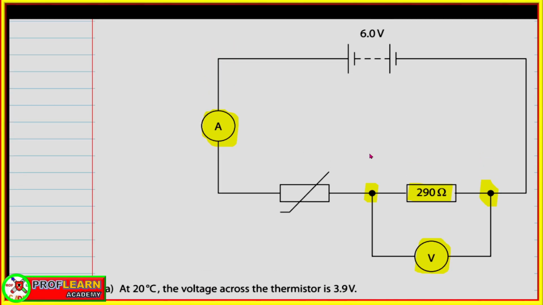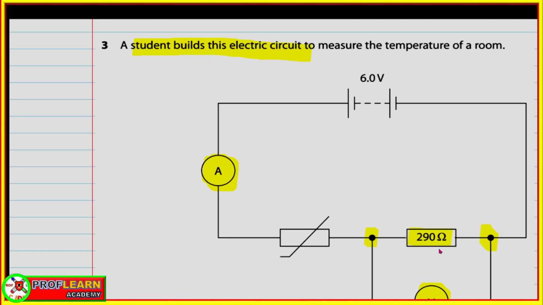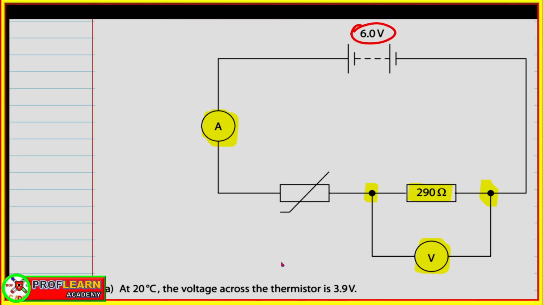So we understand that these two components here are in series, which means that the voltage being supplied here is going to be shared. If the voltage across the thermistor is 3.9, it means this must be 2.1, so that if you add 3.9 plus 2.1 you get 6 volts.